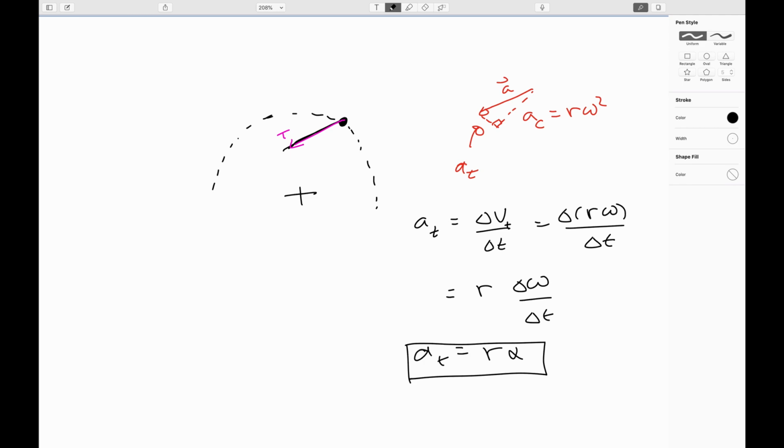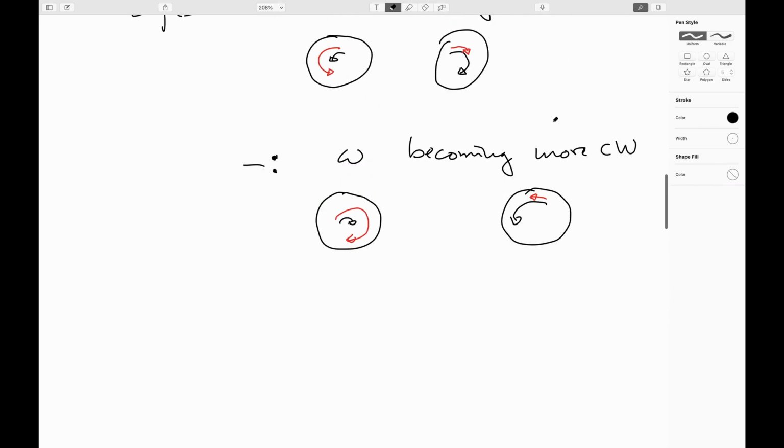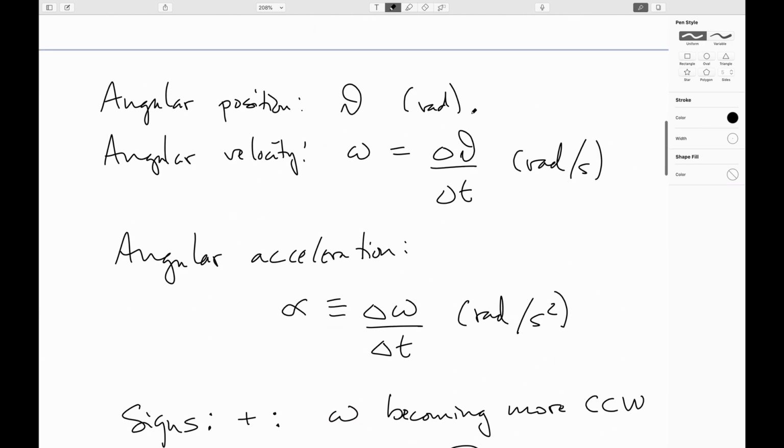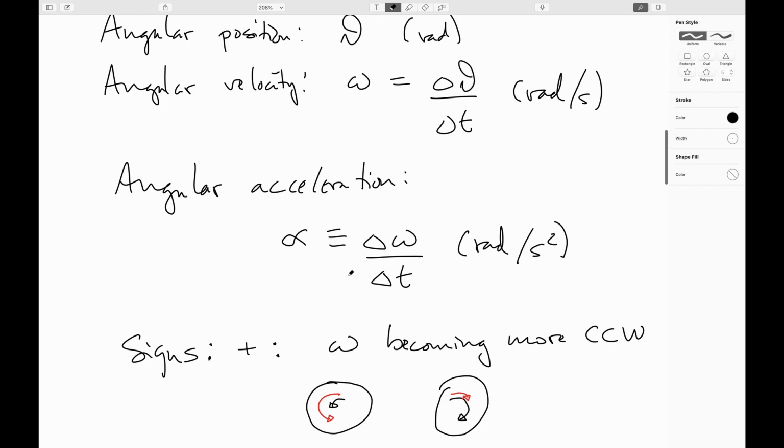If you look at the definitions, you'll see that they seem very similar to what we did with translational variables. So position was x, this was v, this was a. Now these are not the same thing, but they're defined the same kind of way, thus the similarity in naming to call that to your attention.